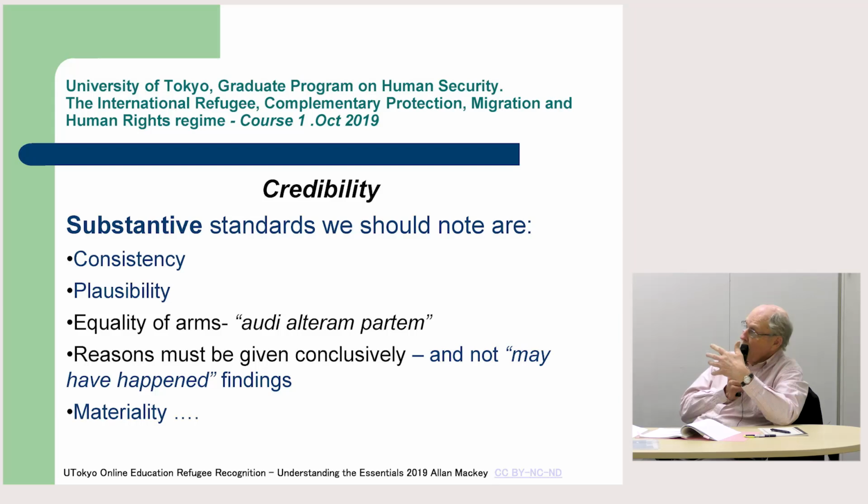So you see it in so many decisions that this sort of "may have been," or the decision maker has not made up their mind when that's their job to make up their mind and give the reasons. And if they can't, then you should accept the story. If you've got no reason to knock it down, then either you haven't conducted a good enough interview or you should give it in favour of the claimant. It's as simple as that.